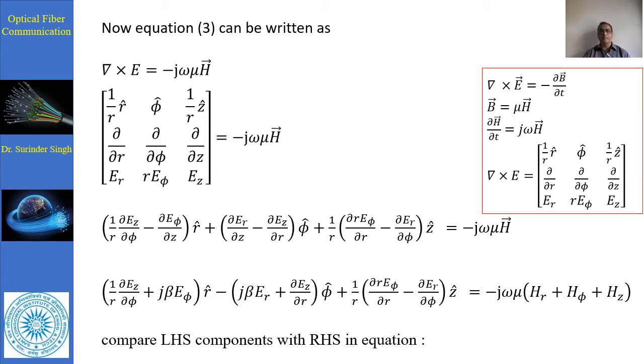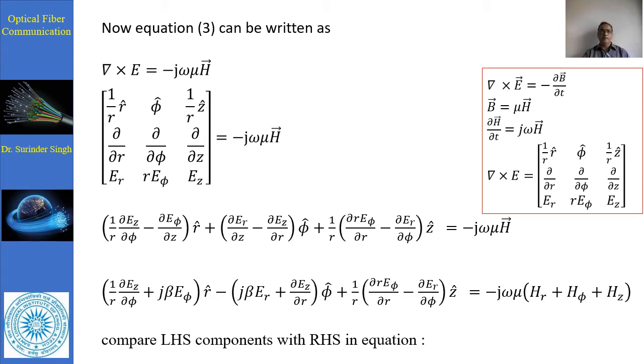So d upon dr into r E phi minus d upon d phi into E r, with z as the common vector, and on the right side minus j omega mu H is taken. So this value is obtained.